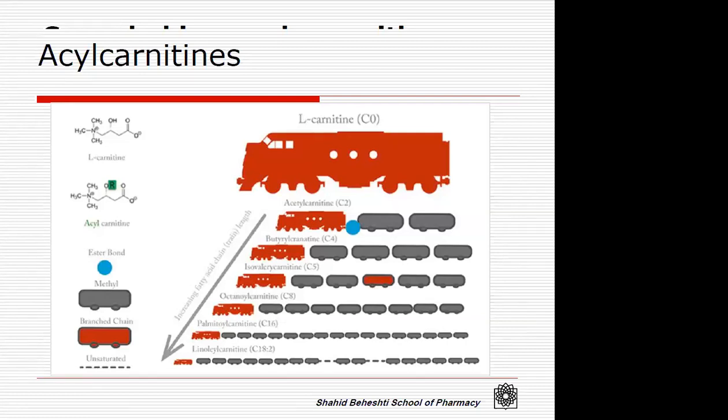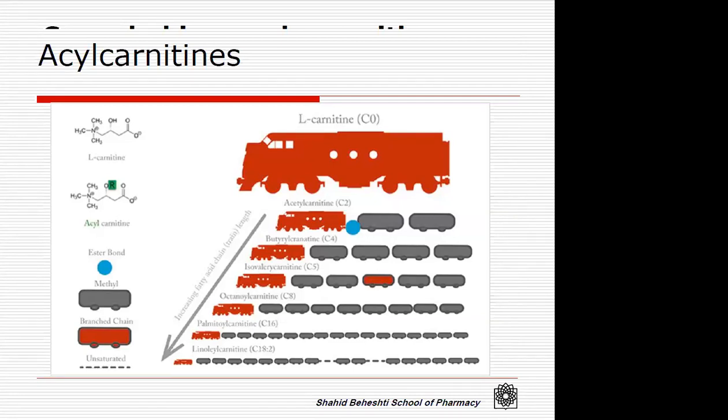As you see in this picture, carnitine is connected to each one of these acyl groups. It could be 2, 4, 5, 8, 16, 18, and so on. This is what carnitine does: it takes the fatty acids and transfers them to the mitochondria.